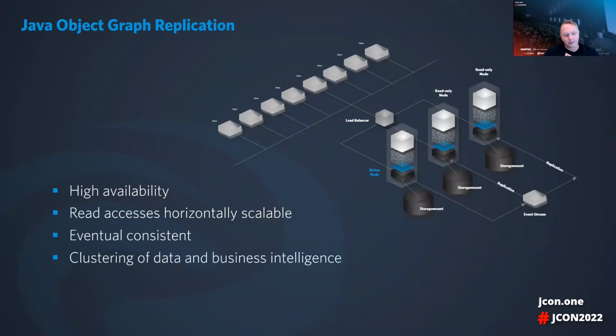Another point that Markus also mentioned is clustering the data, and not only the data, we are also clustering the business intelligence. The reason for that is when we started to create that cluster, we were really aware of the architecture itself, but the question was, okay, how can we get the data, the domain objects from the users, and how to get the controller classes and REST endpoints and so on.